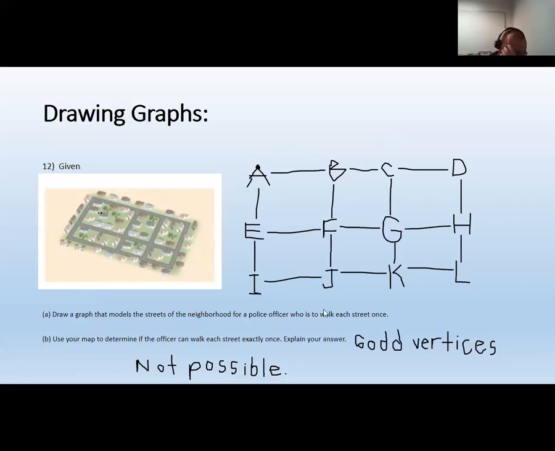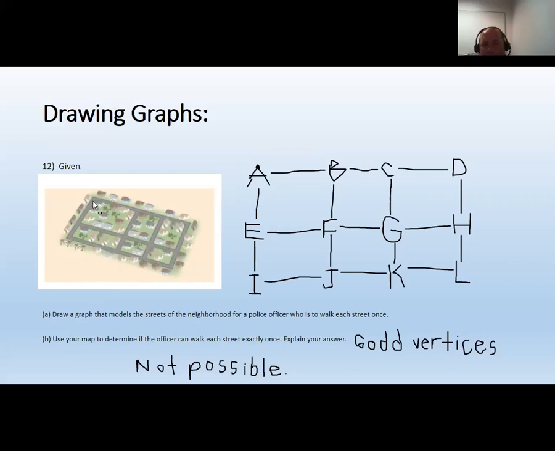For the sake of time, I am going to go ahead and go over this one, because basically the vertices are going to be represented by the corners. So here's a vertex right here. I'll let A represent this vertex, B represent this vertex, C represent this vertex, D this vertex, and so forth. There's E, F, G, H, I, J, K, and L.